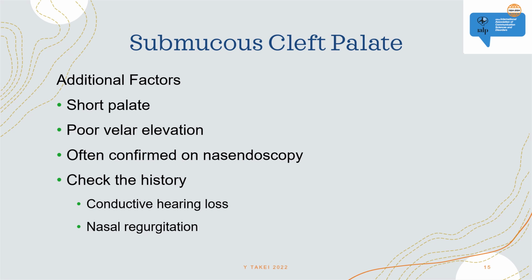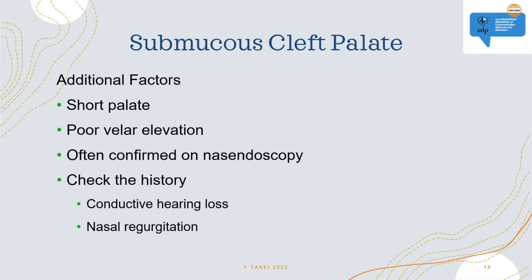Additional factors on submucous cleft: the patient might have short palate or show poor velar elevation. Some of them can be diagnosed during intraoral examination, but often found or confirmed on nasal endoscopy.